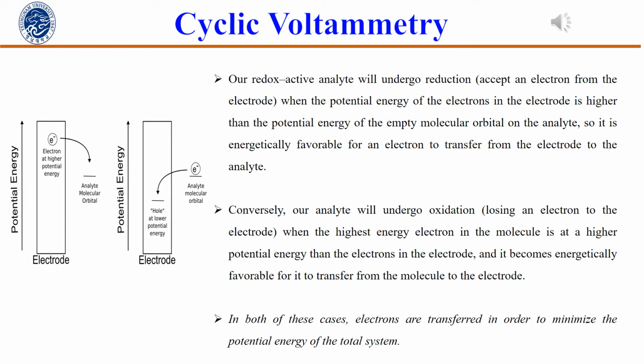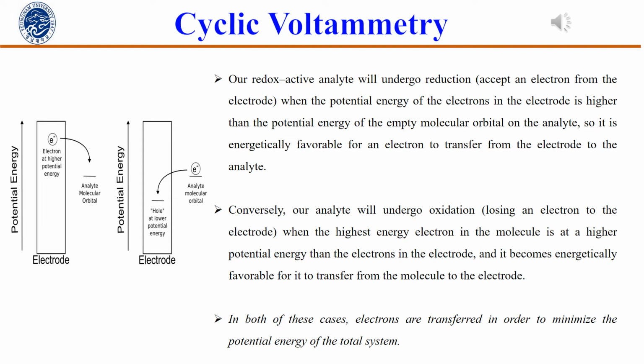So the electrode receives an electron, or the analyte will lose an electron, because when the highest energy electron in the molecule is at a higher potential energy than the electrons in the electrode, it becomes energetically favorable for it to transfer from the molecule to the electrode. If you observe both these cases, electrons are transferred in order to minimize the potential energy of the total system.